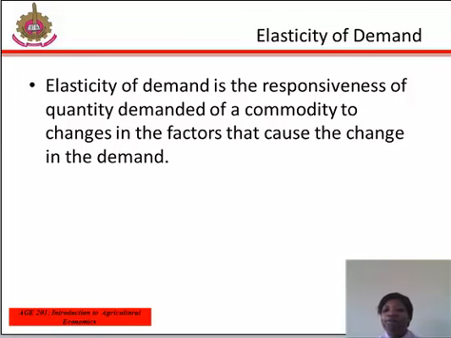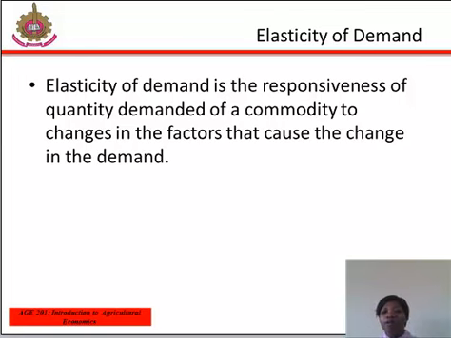So we have 5 types of price elasticity of demand, which include the following. We have perfectly elastic demand. Perfectly elastic demand is when a small decrease in price gives rise to an indefinitely large increase in amount demanded.